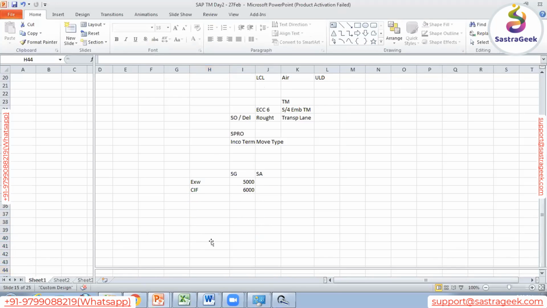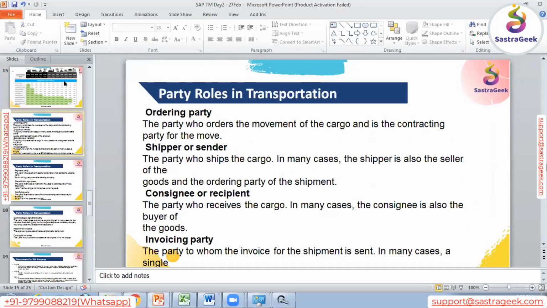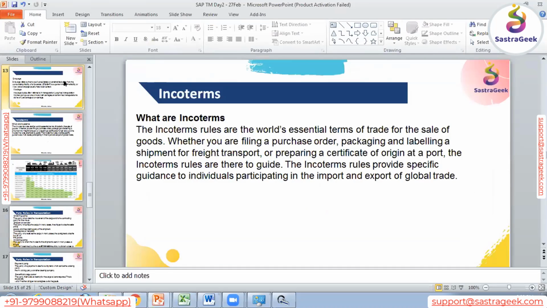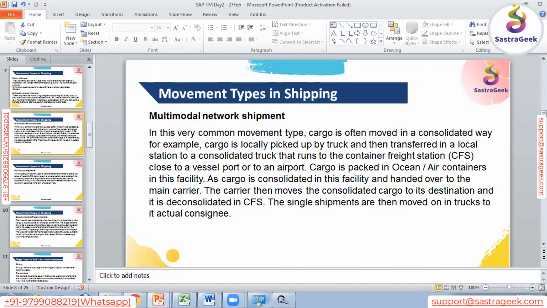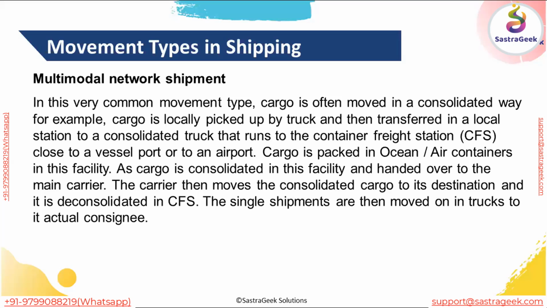Now going back to our presentation. Clear till here? I'll just go through the sentence that multimodal networks are a very commonly used type, and cargo is often moved in a consolidated way.